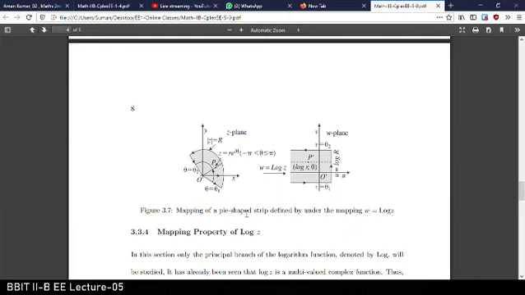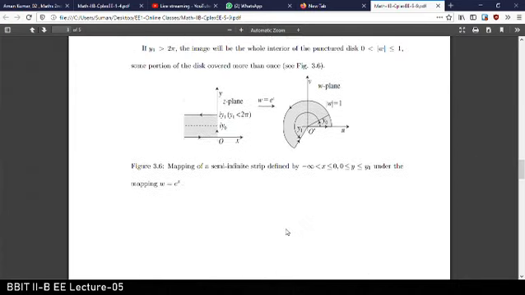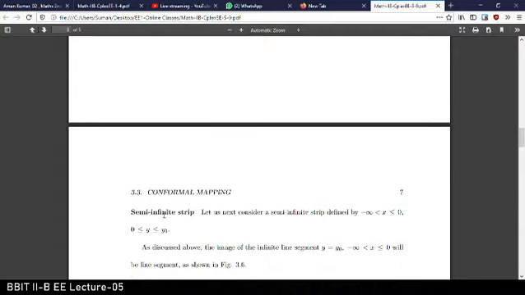Okay, this is for the next one, mapping properties of log z. Today I will stop here, because if you want to follow, then first you have to go through the second one, Math 2B complex, 5 to 9.